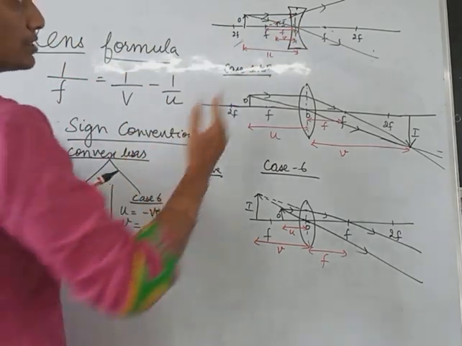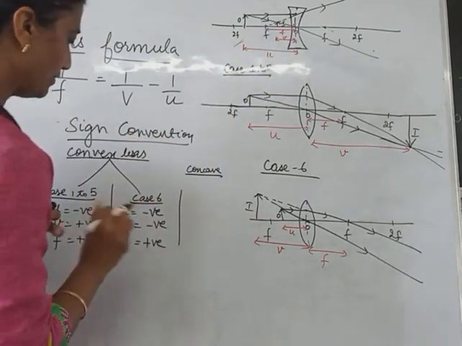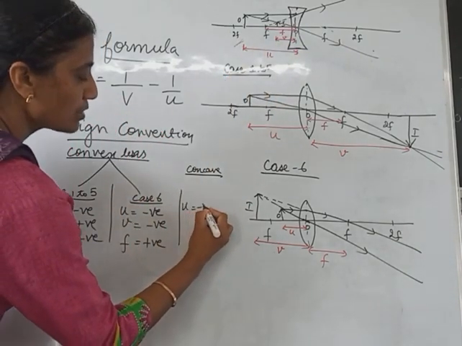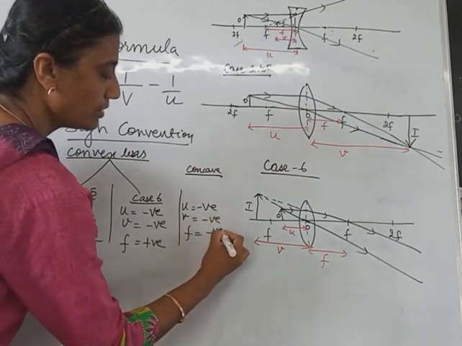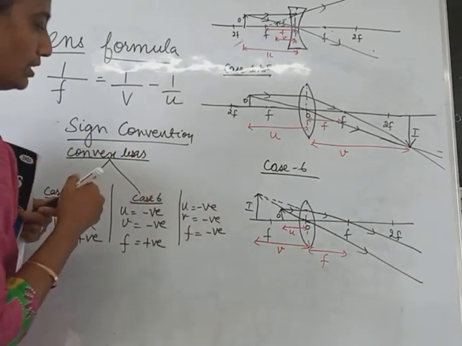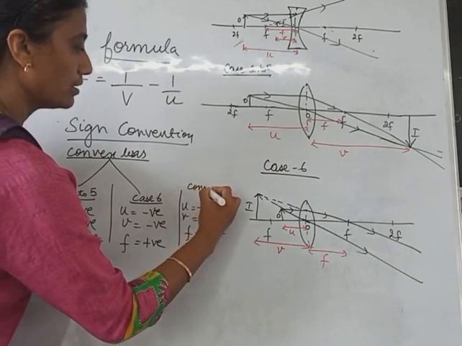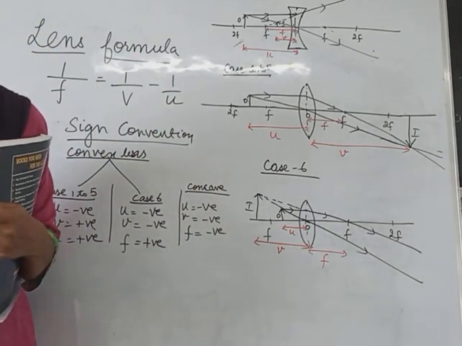So what's the conclusion? Everything is to the left. All three are to the left. So u is also negative, v is also negative, and f is also negative. Is it clear, children? So this is the sign convention. You have to remember it before solving the numerical.